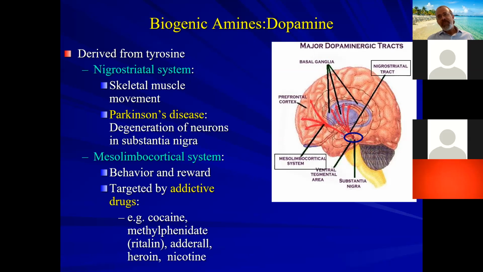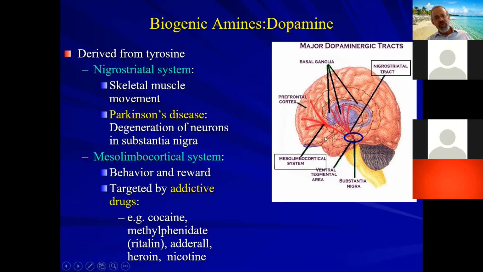Reward meaning if you do something you enjoy, whether it's getting together with friends, eating, drinking an espresso mocha, something like that, you feel good. One of the reasons why you feel good is you're enjoying it, dopamine's produced, and it makes you want to keep doing that. It's a kind of a feel-good neurotransmitter. And when you do something and you're satisfied, dopamine's produced.